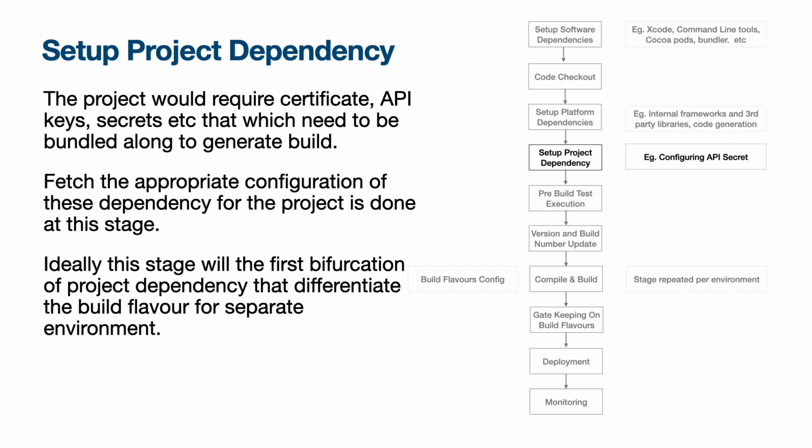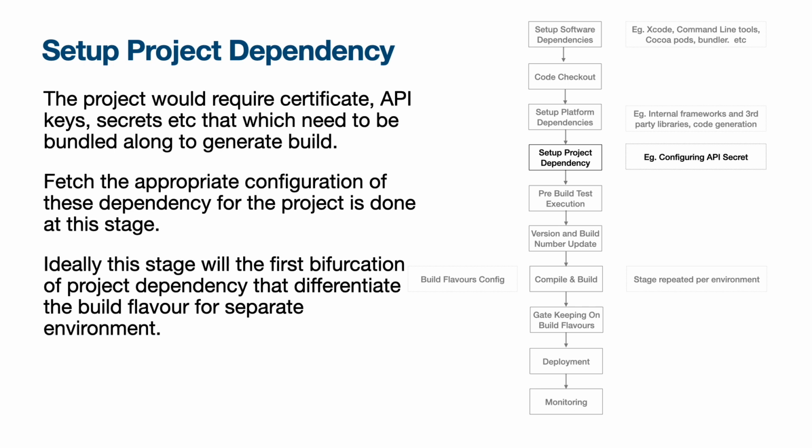Now, this stage, setup project dependency, would be the stage where these project dependencies, which are certificates, API keys, and the endpoint URL to which the backend should be pointed, all will be fetched and configured into the code base. From this stage onwards, there will be clear bifurcations for the different environments to which we would be deploying the application.